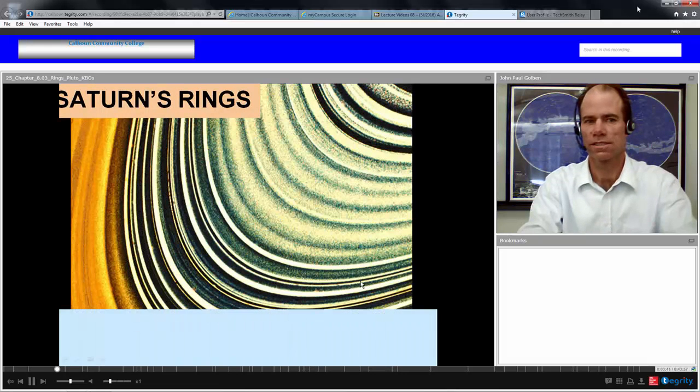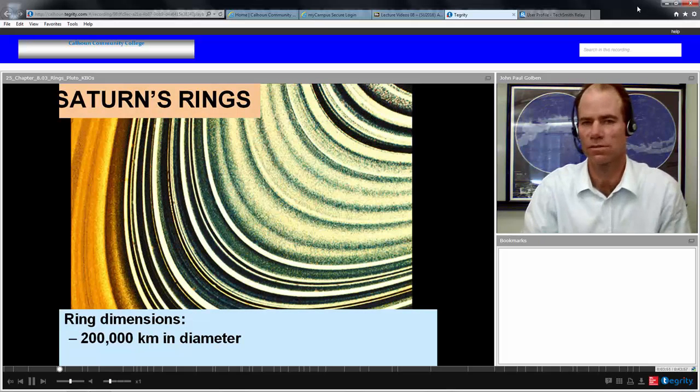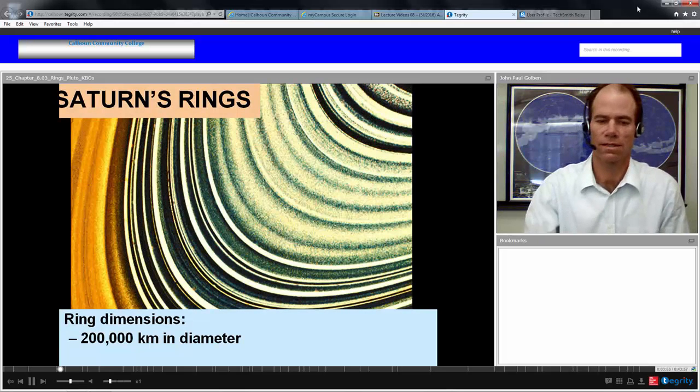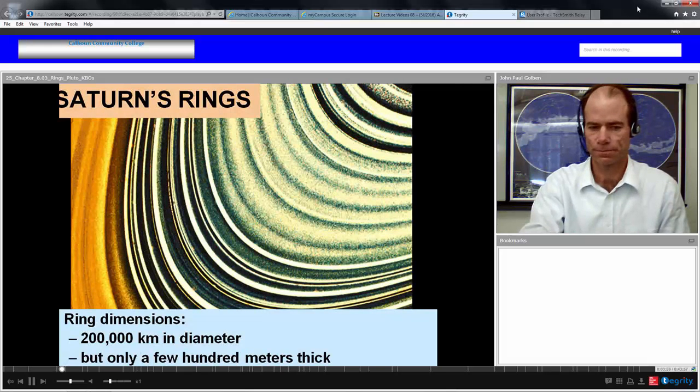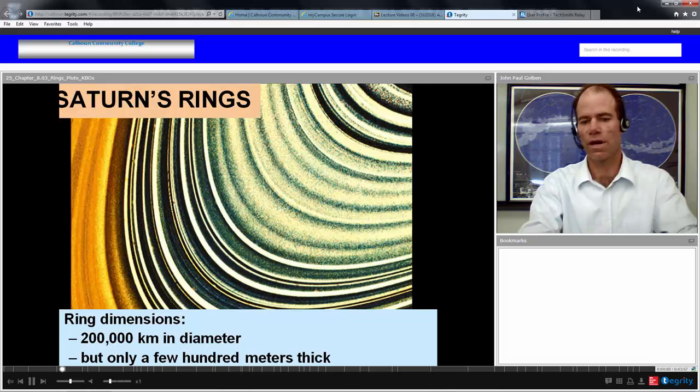Let's look at Saturn's rings. This is a color enhanced photo of Saturn's rings. The ring dimensions are 200,000 kilometers in diameter, which would be about 120,000 miles in diameter, but only a few hundred meters thick.